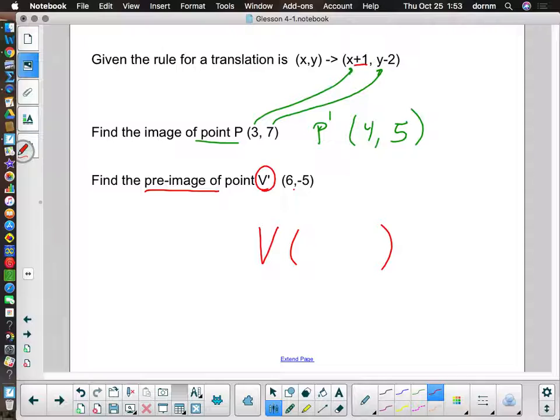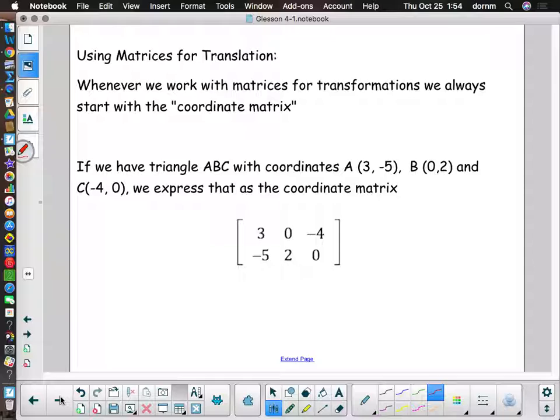So instead of plus 1, we're going to go minus 1. 5. And instead of going minus 2, we're going to go plus 2. Negative 3. Okay? So if we're given the image and we want to find the pre-image, we just go backwards. That's pretty neat. That's pretty obvious and self-explanatory.